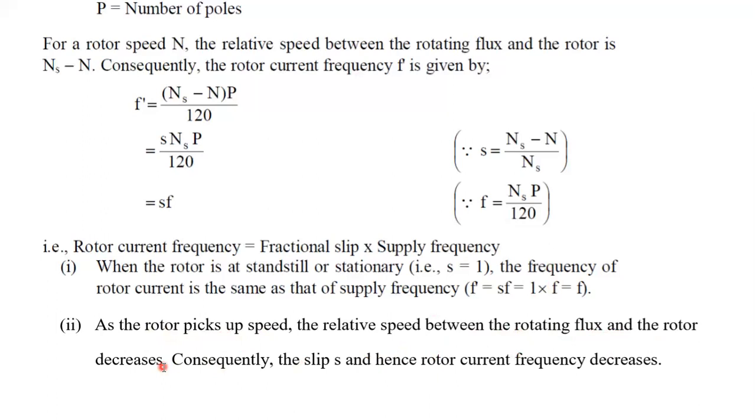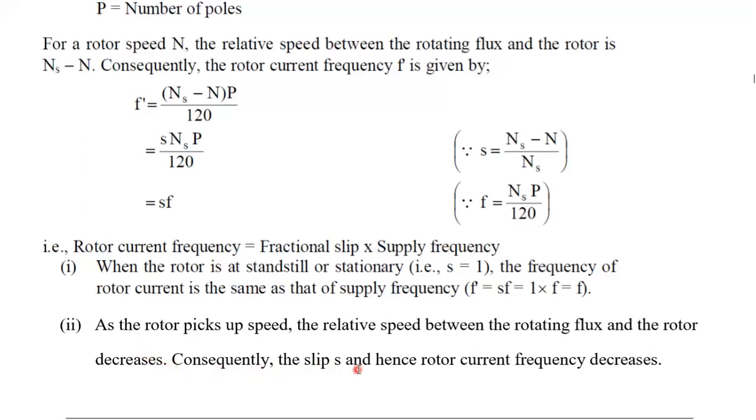At starting, the relative speed is maximum because the rotor is stationary. The rotor is stationary because it has some inertia, so it does not rotate immediately. After a certain time, it reaches near synchronous speed, but not exactly synchronous. So the relative speed is decreasing.